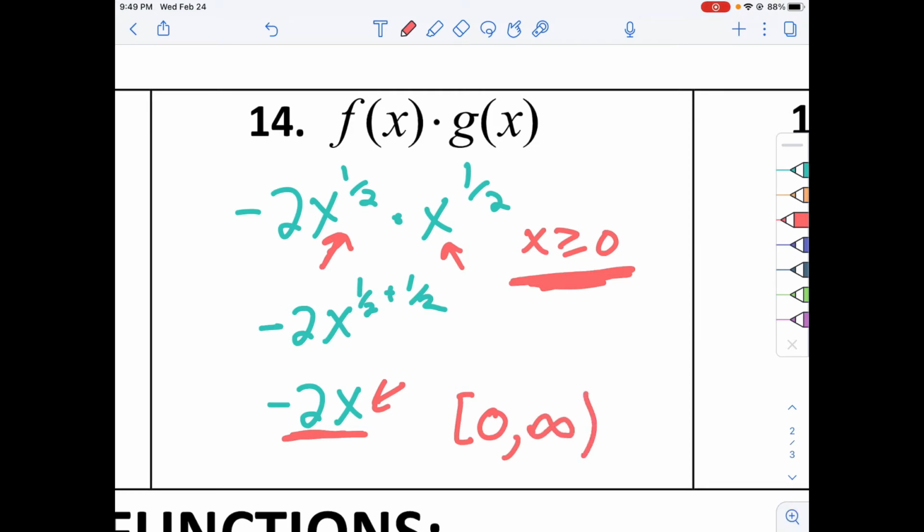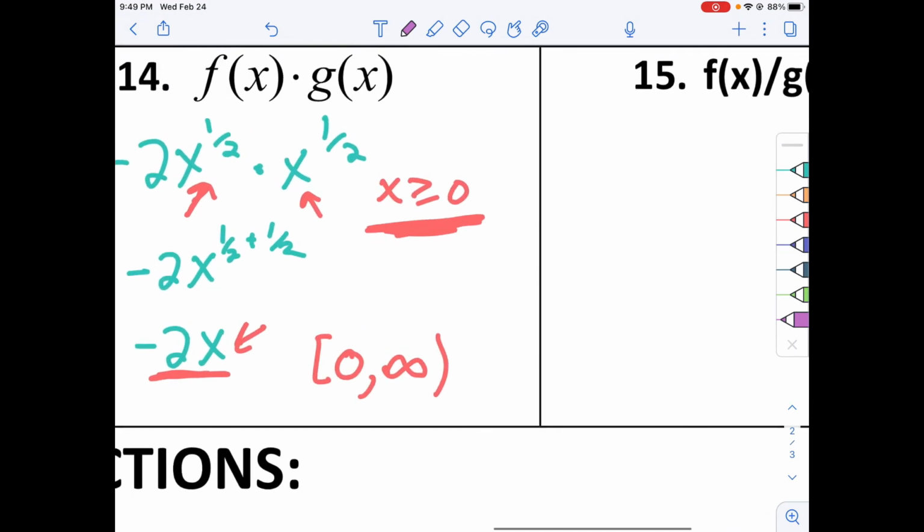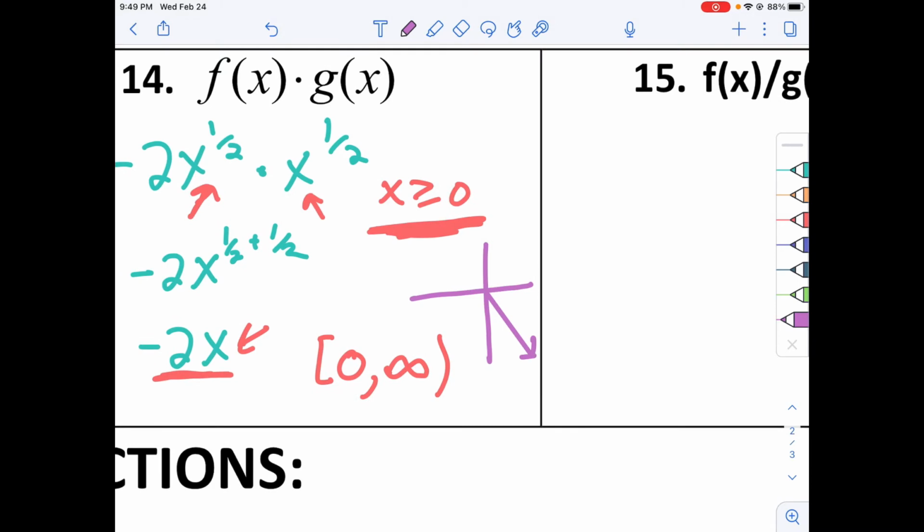What does this graph look like? This graph looks like the graph of negative 2x, but it just starts at 0 and goes to positive infinity. So we have our coordinate plane, and then it literally just does this. It's just the right side of that graph. So kind of crazy, I know, right?